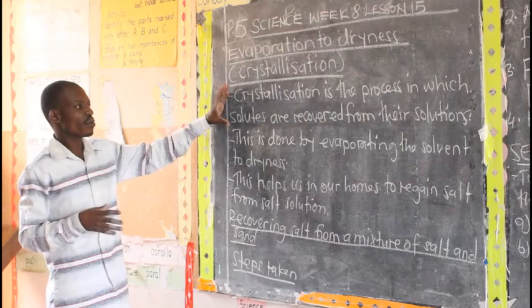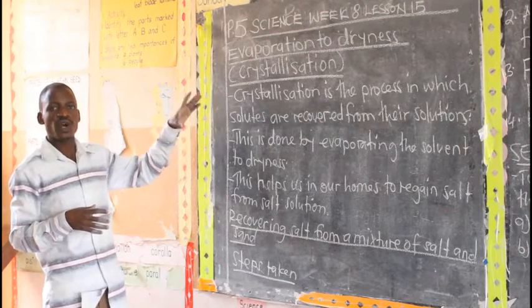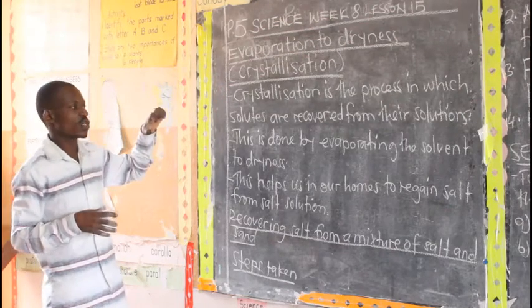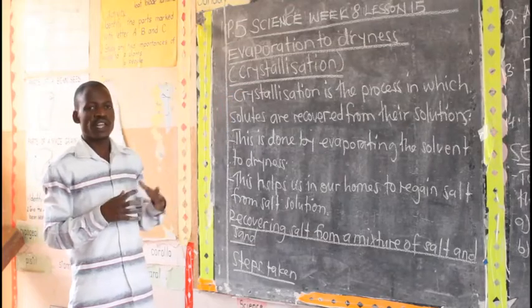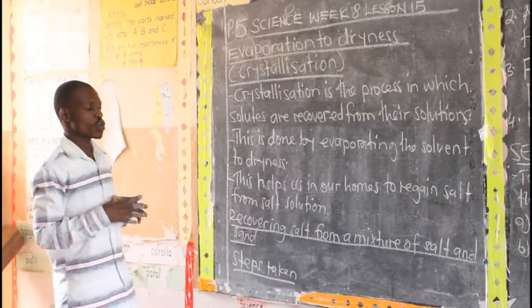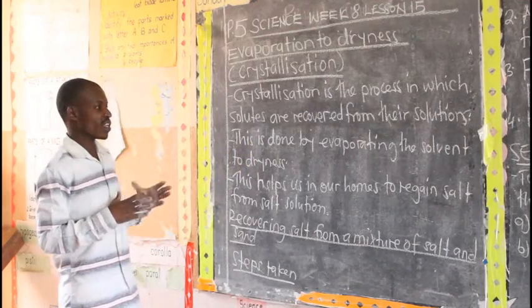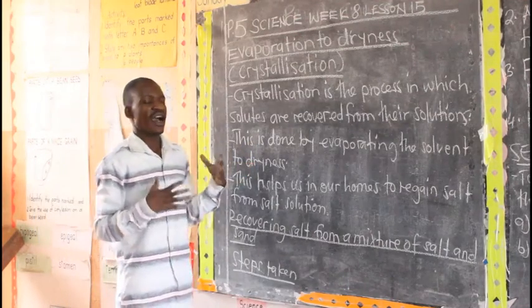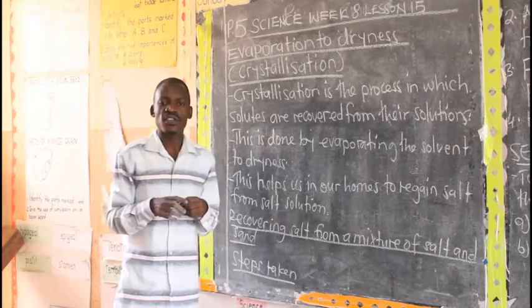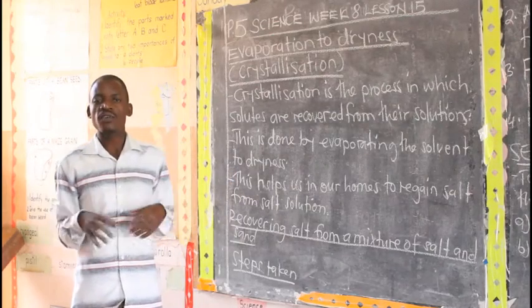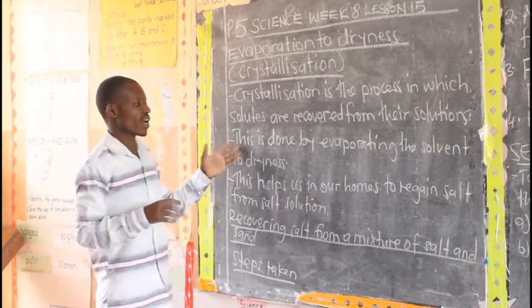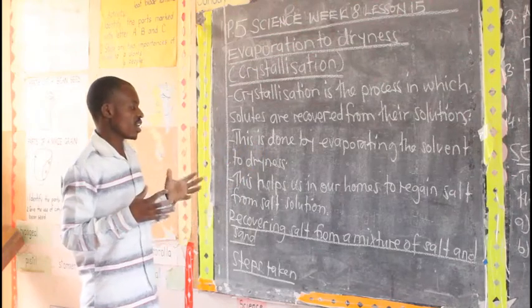So, when a substance dissolves in a liquid and you want to obtain that substance, you can use crystallization or evaporation to dryness. This is done by evaporating the solvent to dryness. A solvent is any liquid that dissolves a solid.